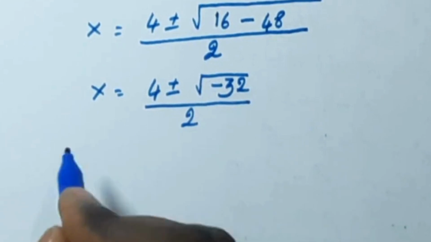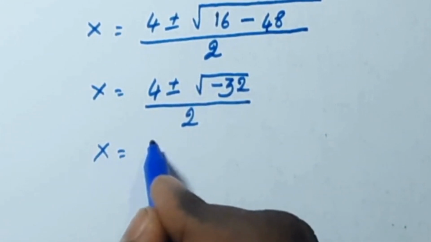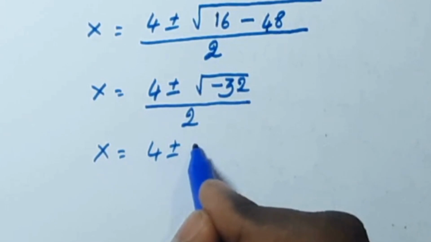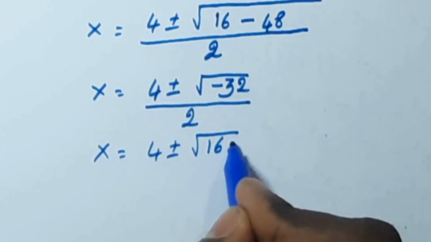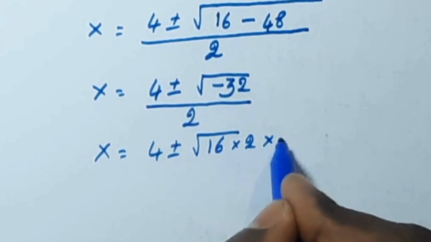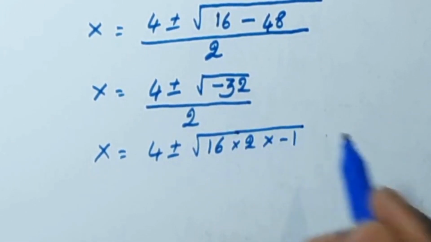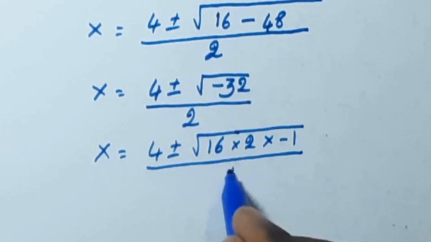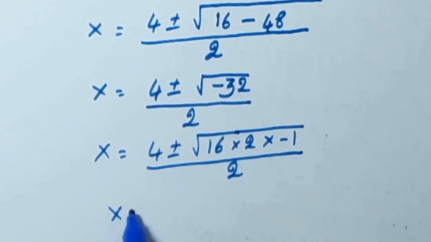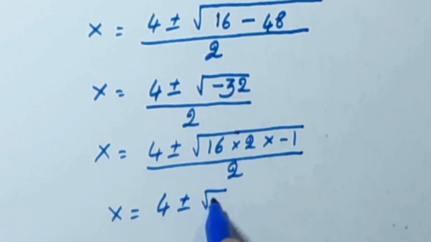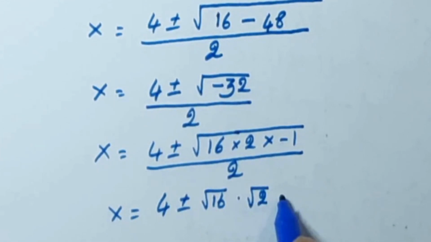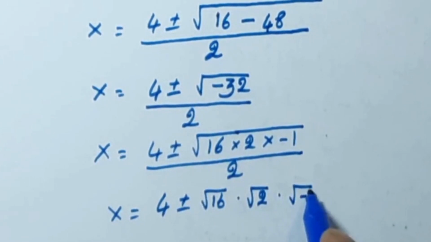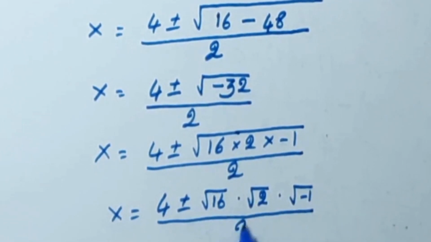Now x equal to 4 plus or minus square root of minus 32, which can be written as 16 times 2 times minus 1, by 2. So x equal to 4 plus or minus square root of 16 into square root of 2 into square root of minus 1 by 2.